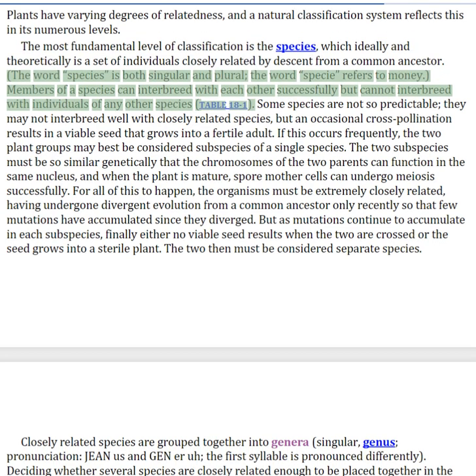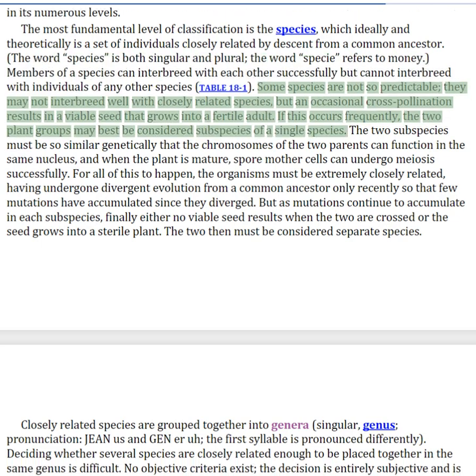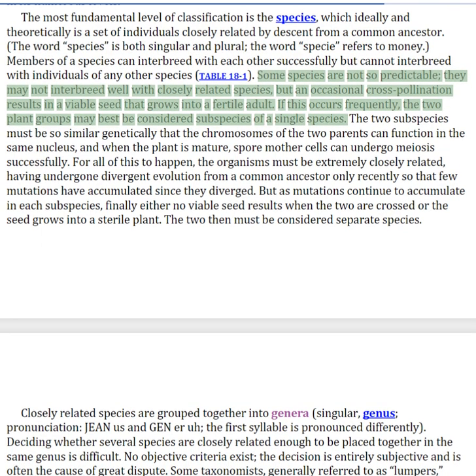Members of a species can interbreed with each other successfully but cannot interbreed with individuals of any other species. Some species are not so predictable, they may not interbreed well with closely related species, but an occasional cross-pollination results in a viable seed that grows into a fertile adult. If this occurs frequently, the two plant groups may best be considered subspecies of a single species.